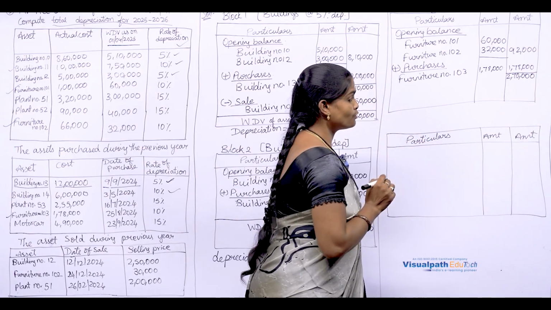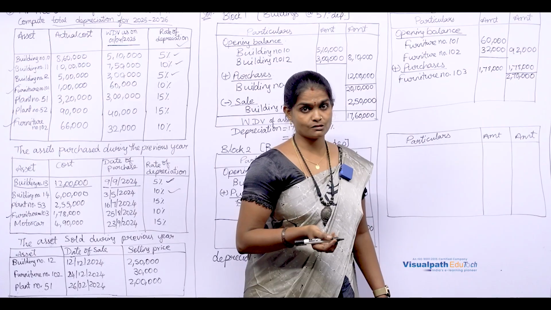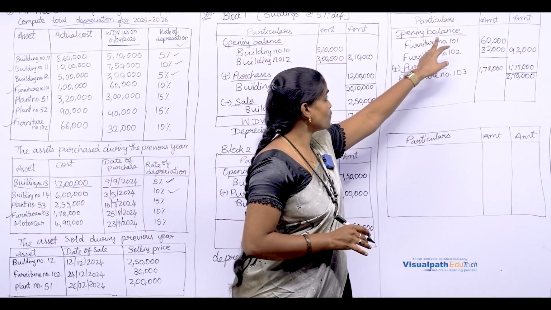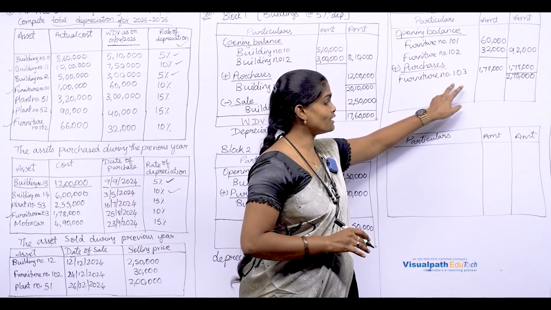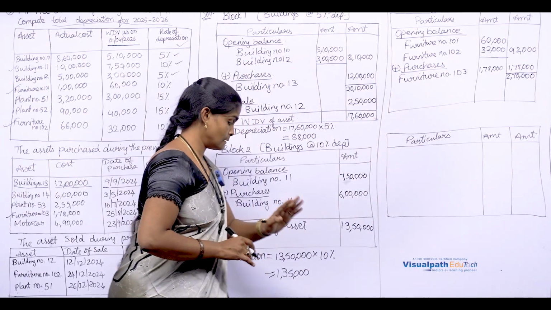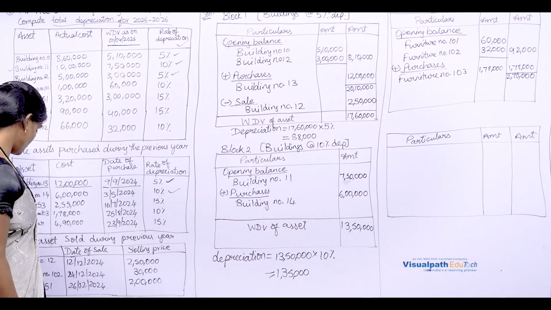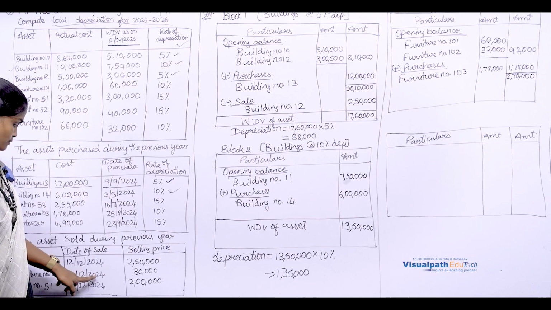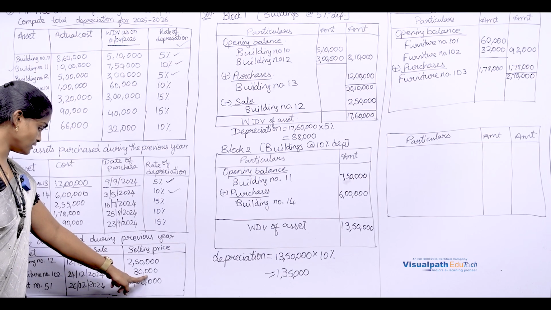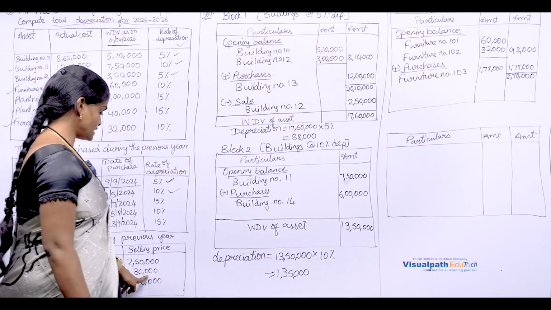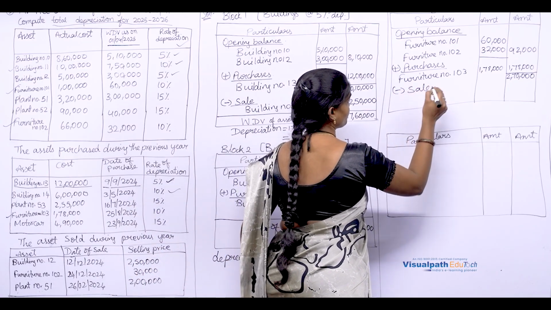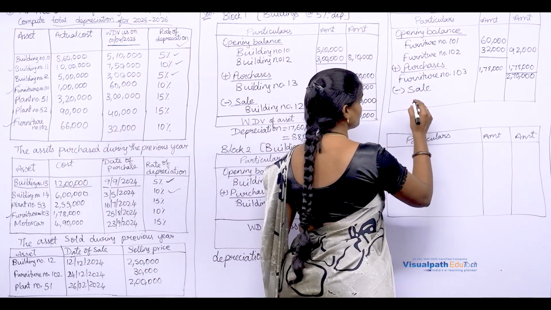Now, to this, if any asset is sold, you have to check. Furniture number 101, 102 and 103 are in the business. Now, you have sold furniture number 102 on 24th December 2024. 30,000 is the value of sale. So minus sale value.